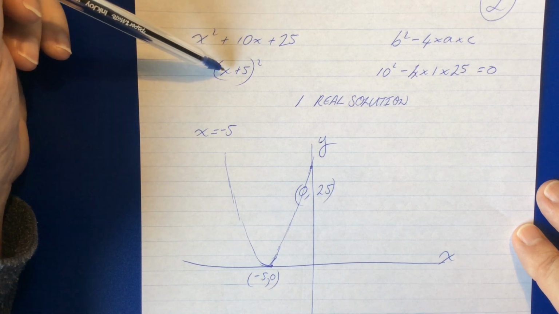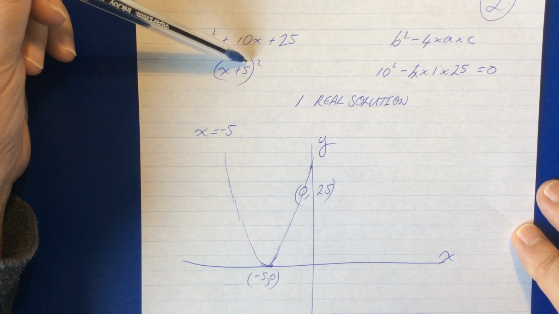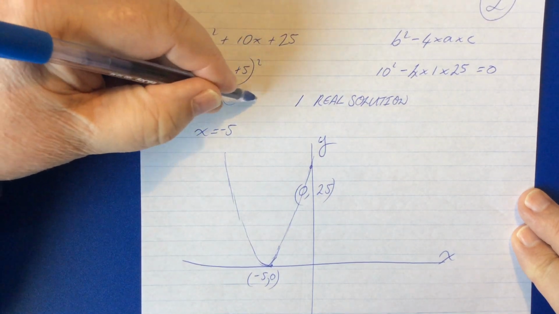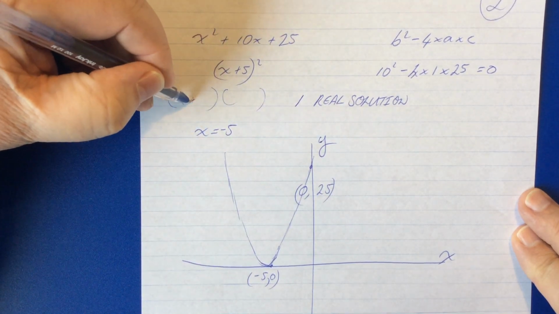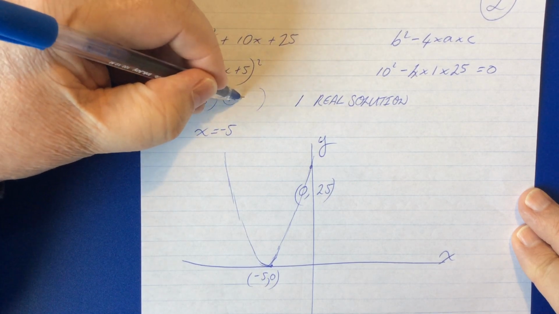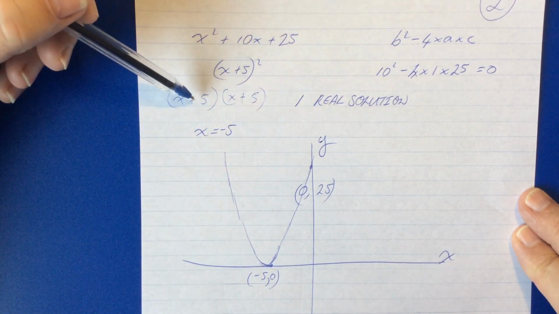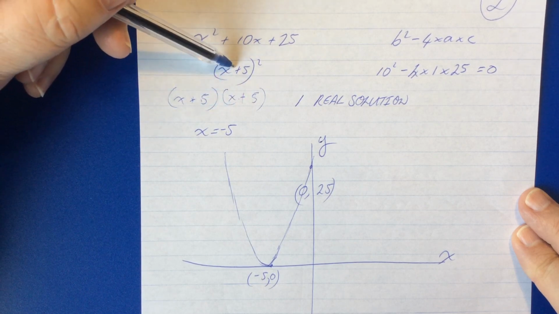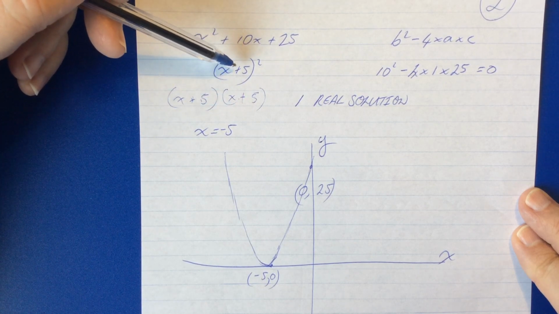So you can write this equation like this if you want. The instruction here is to multiply that by that. They are the same, so you can write it like that. It is a perfect square.